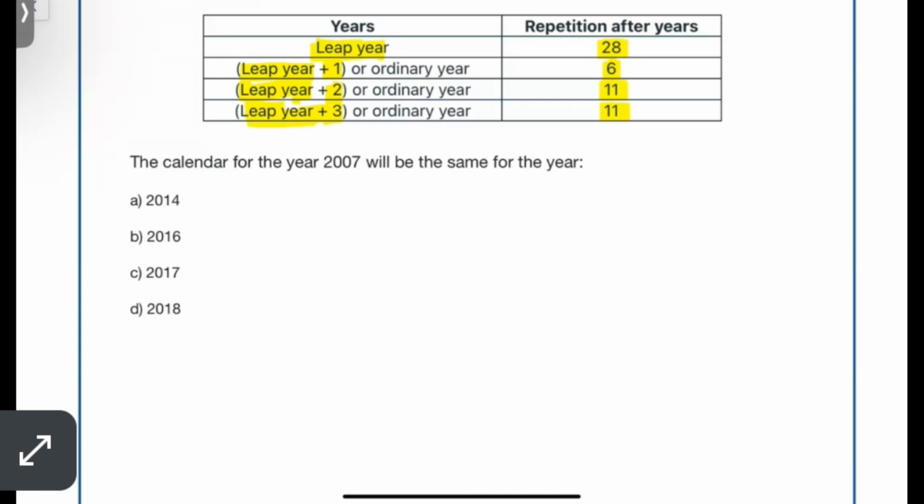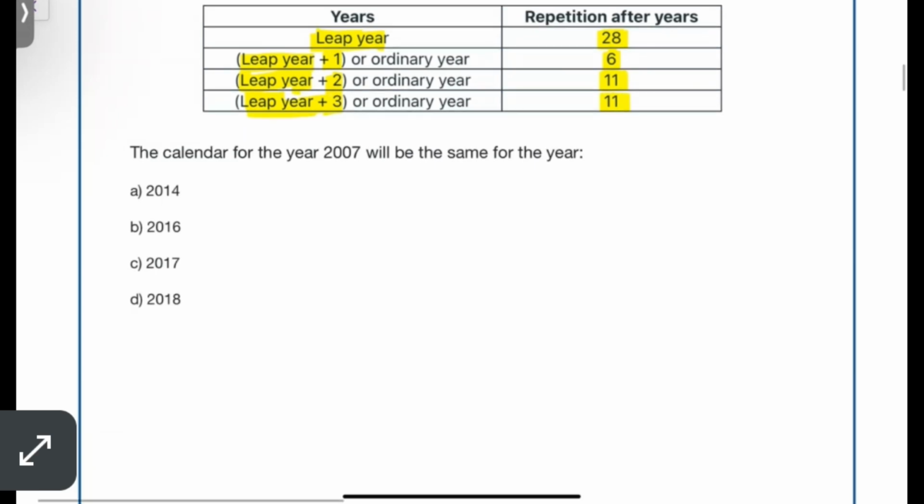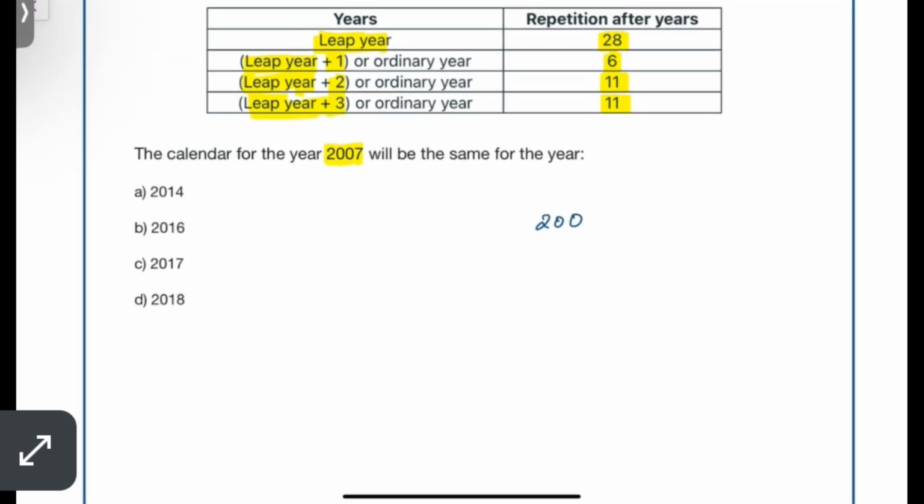Let's take an example of this one. The calendar of 2007 will be same for which year? That means we are asked to find when this 2007 calendar will repeat in the next years. So what we do is, let's check. There is 2007 here, 2006 here, 2005 here, 2004 here.